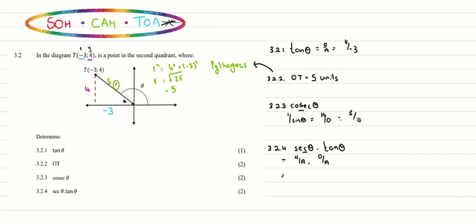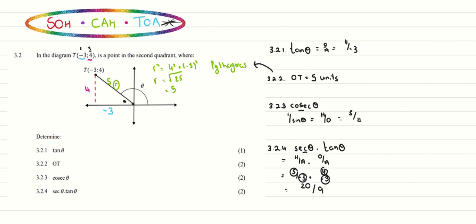The hypotenuse is 5, the adjacent is minus 3, multiplied by the opposite, which is 4, over the adjacent, which is minus 3. Then we multiply the numerators with each other, which gives us 20, and the denominators by each other, which gives us 9. And so this answer is 20 over 9, and that is question 3.2 completely done.